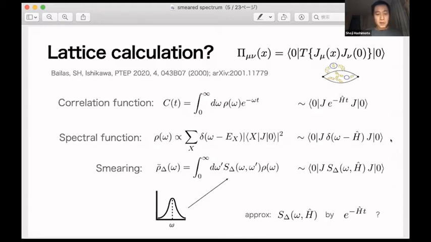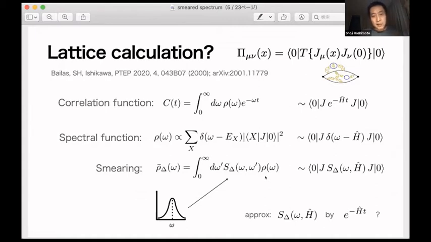On the other hand, what I would advertise is to consider some sort of smearing. I do not specify the functional form right now, but let's consider the smearing with some function S_delta.